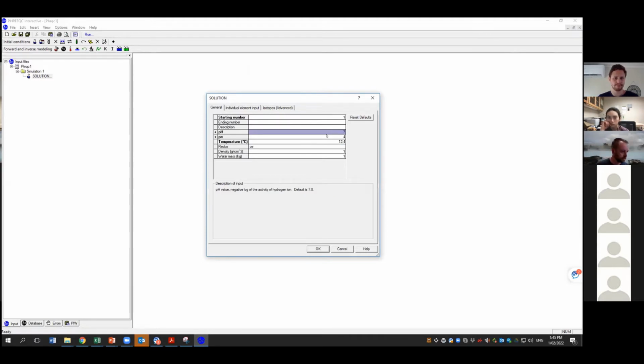pH was about 8.3, which sounds about right. Then there's a few other things in here that would pay us to look at. Water mass, 1 kilo per liter, which is the density of fresh water. Saline water, ocean water, has a slightly higher density, and so this is where this is pertinent.